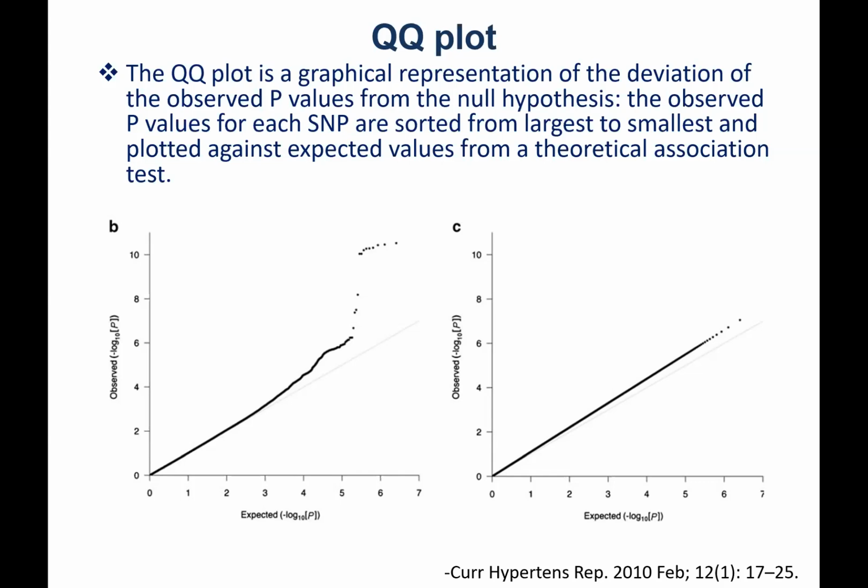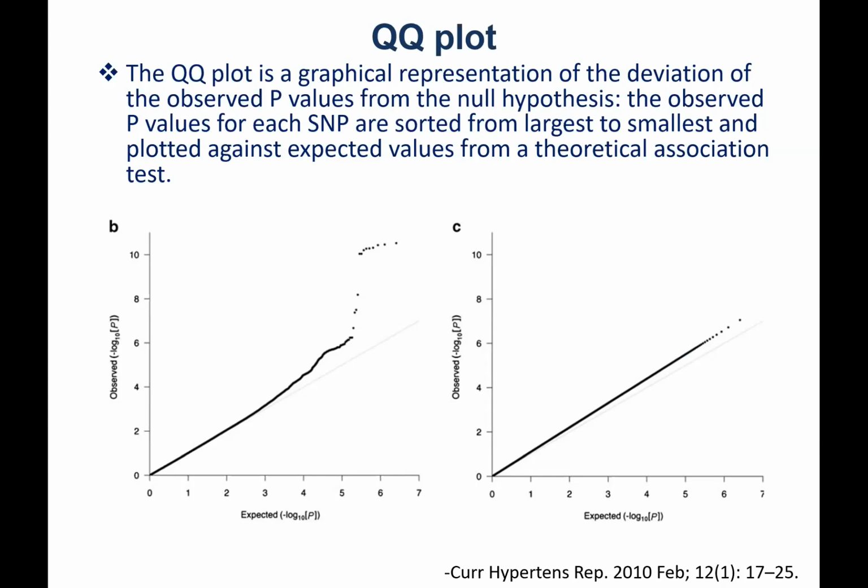For this QQ plot, for example, in picture B, we can see some deviation in the tails. That is good, because it means some SNPs have strong association with a certain disease. But at the beginning, they always follow the expected p-values.